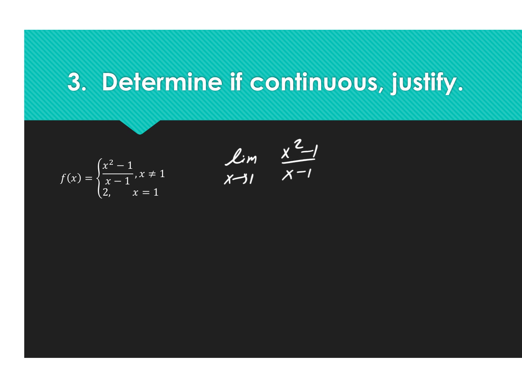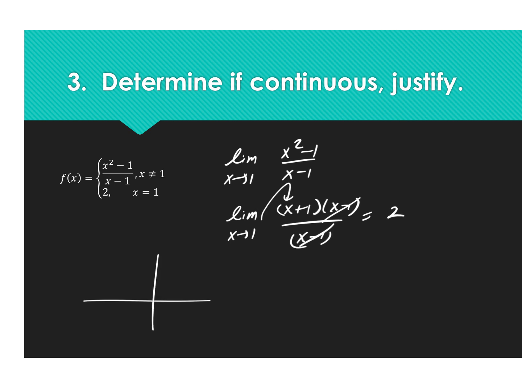I plug in, I get 0/0, which means there's a limit. In this case, we're going to get a hole. So the limit as x goes to 1, it's x plus 1, x minus 1 over x minus 1. Cancel, cancel. So there's a hole at 1. When I plug this in, I get 2. So the limit is 2. That means on a graph that at 1, there's a hole at 2. That's all I know right now.